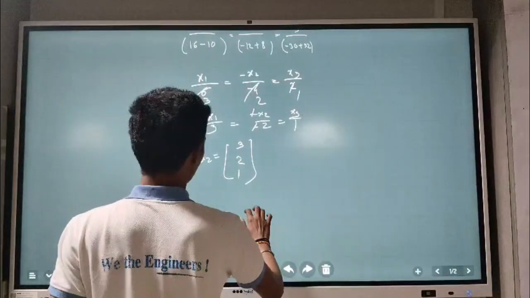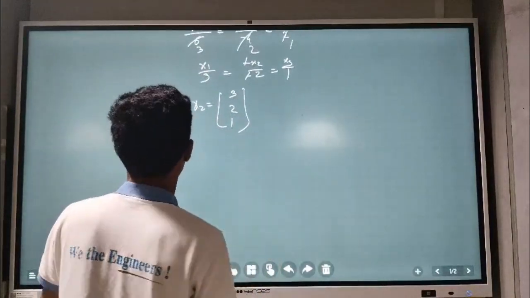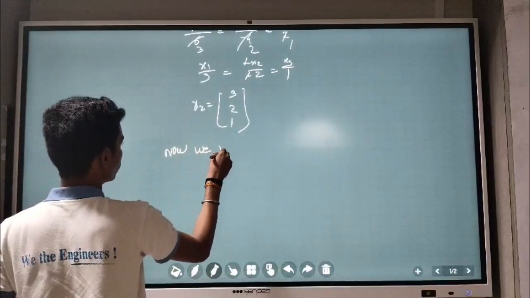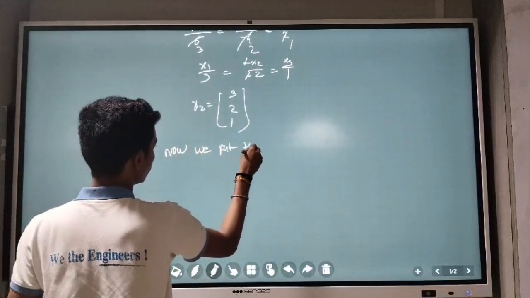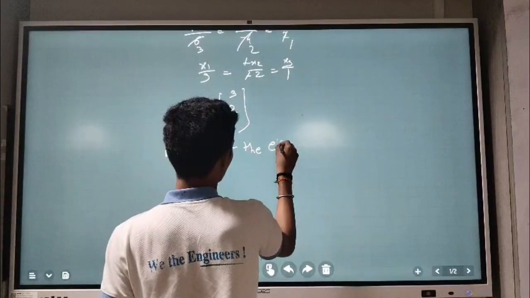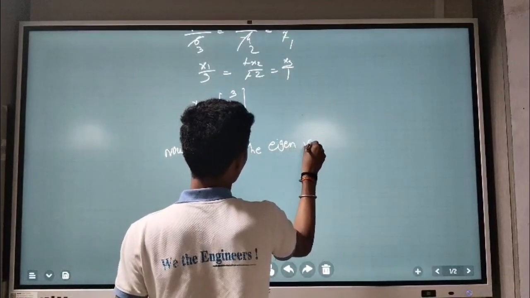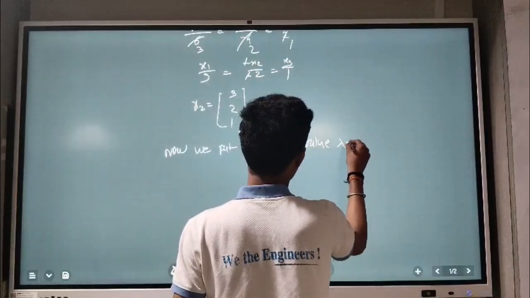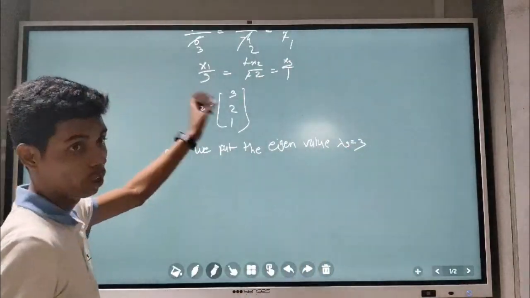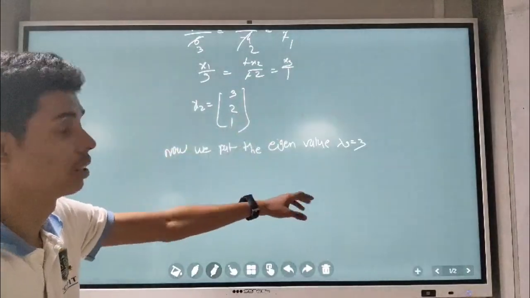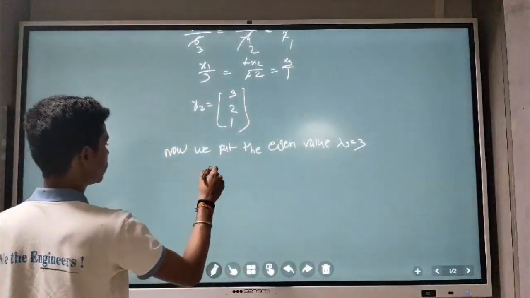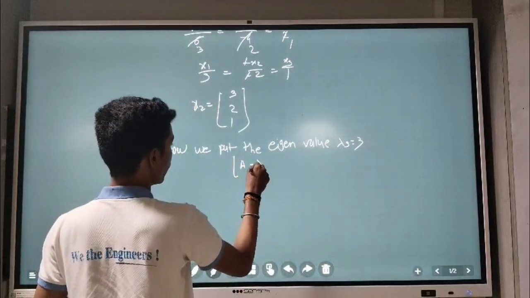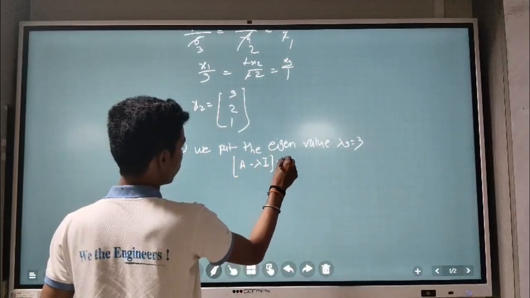The third equation: now we put the eigenvalue lambda 3 equal to 3. We subtract lambda from the diagonal elements, using the formula A minus lambda I equal to 0.